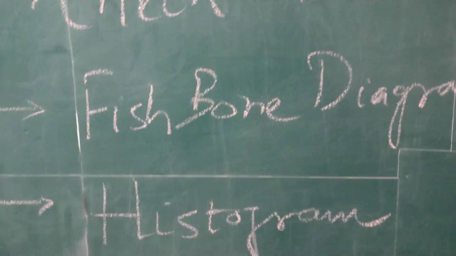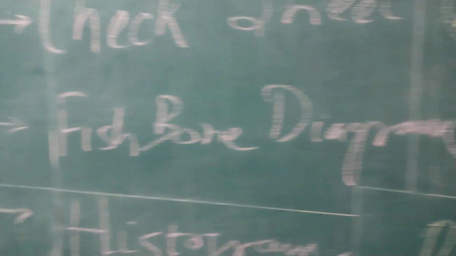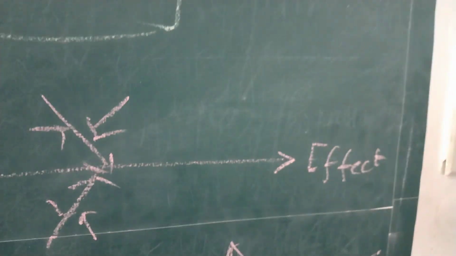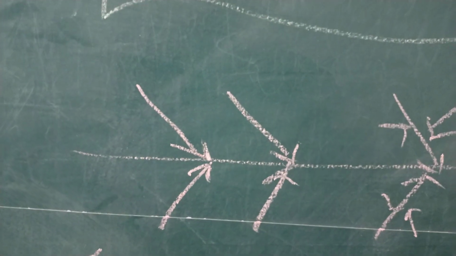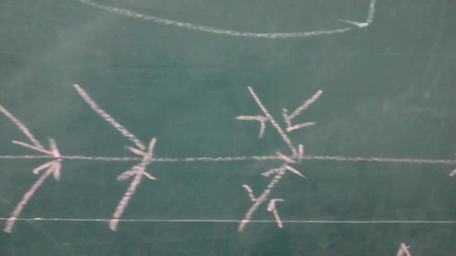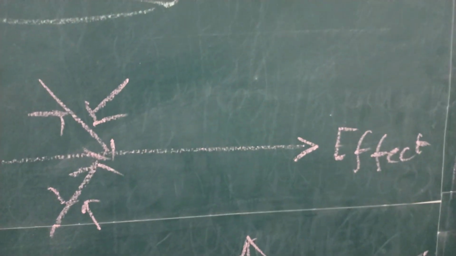Fishbone diagram, also called cause effect diagram. Why is it called fishbone? Because the diagram looks like the bone of a fish, and it will have various causes in terms of those arrows which are shown here, causes and sub causes of a particular effect or a failure.